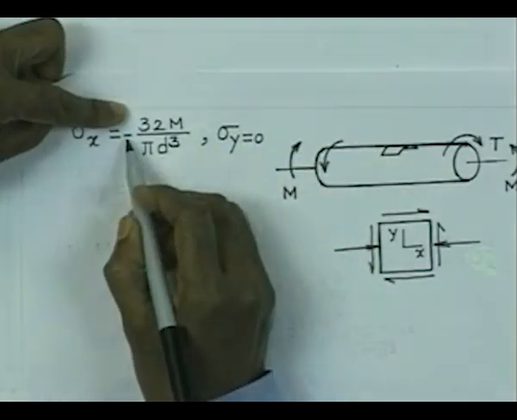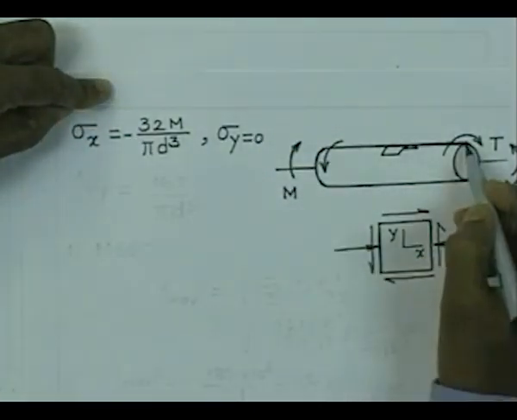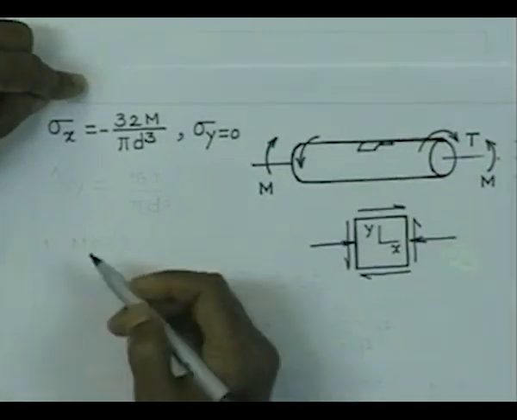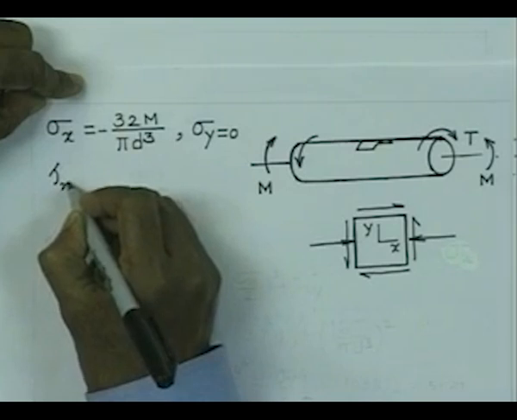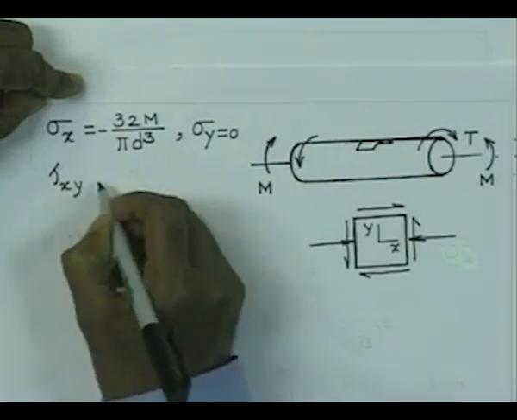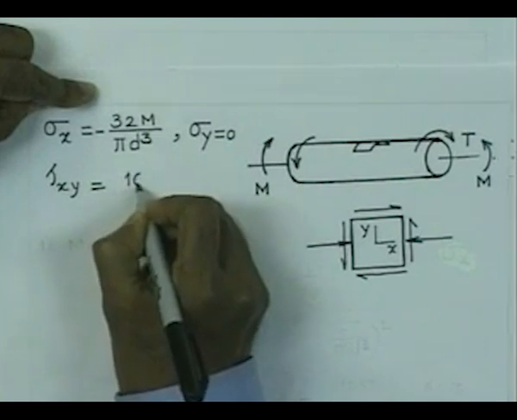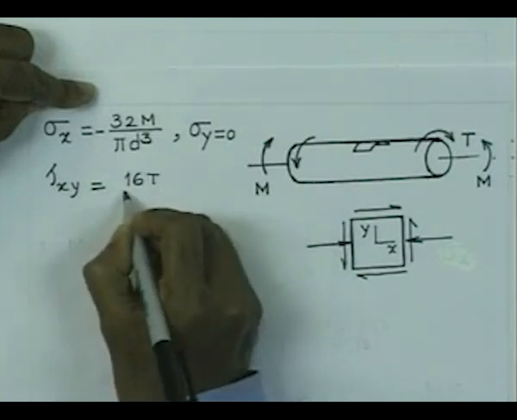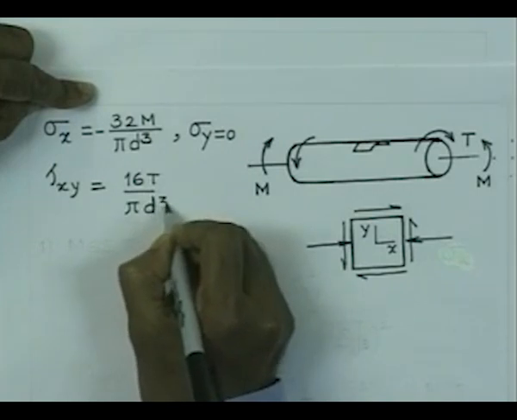Note that I have written this sigma x to be negative because it is subjected to compressive stress at the 12 o'clock position there. Similarly, the shear stress, which you can obtain from the torsion formula of circular shaft, is going to give you 16 T by pi d cube.